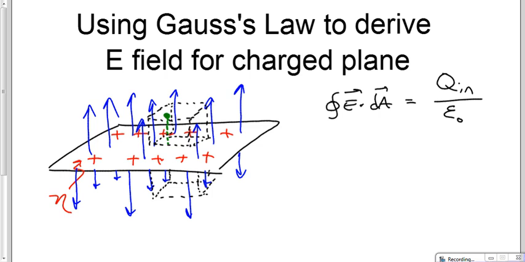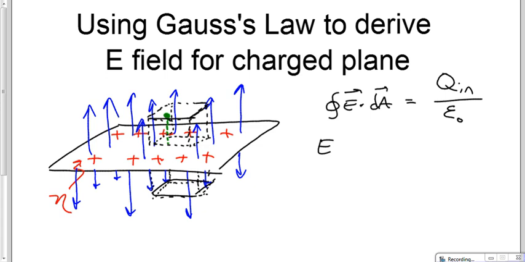If we look at the top surface of this Gaussian shape that we drew, you just have to ask, is there any reason to think that the field at one location there is any different than at any other location? With a uniform field, it shouldn't be. The same is true for the bottom base. That means we can pull the field out, and all we have then is the total area through which that field is piercing.